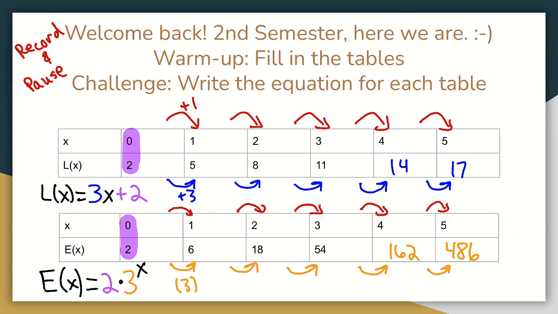So, Josh, I have a question for you here. Is there a way in which we could say in both tables there's a change of 3? Uh, yes. Can you tell me about that?